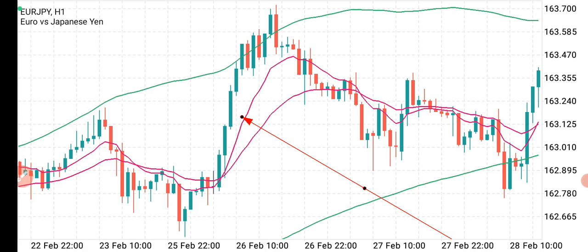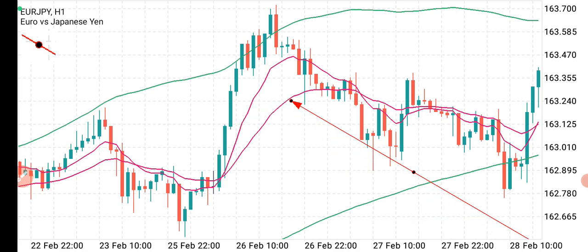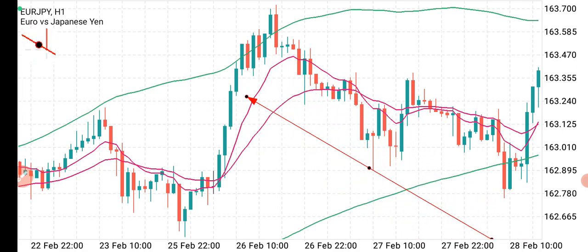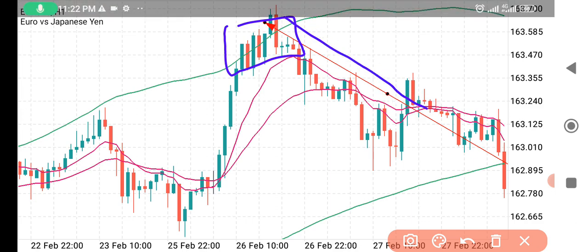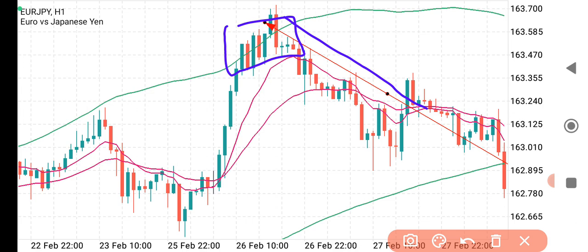We are either looking for an engulfing candlestick or a pin bar formation. So for instance, looking at this zone, I am referring to this place. Already the market has reversed and is on its way down from the upper band.